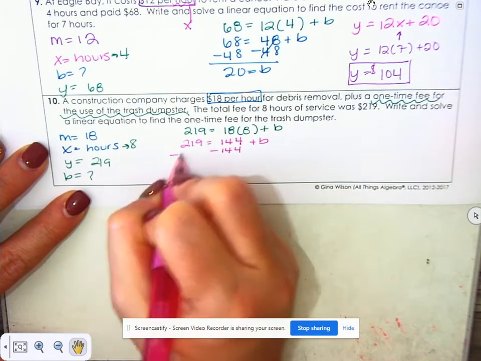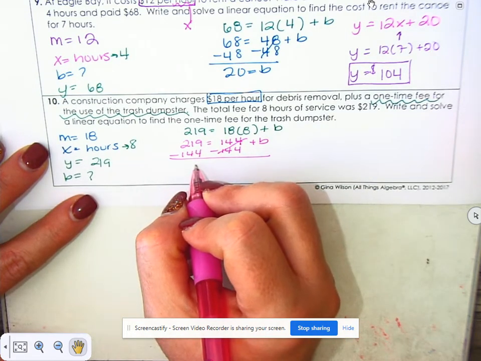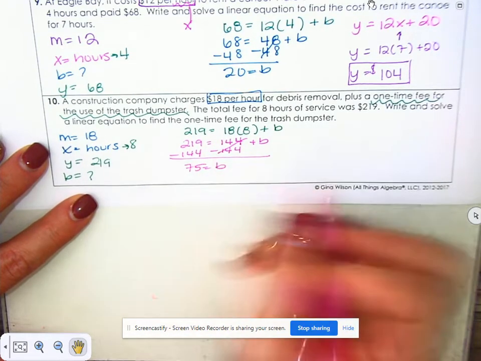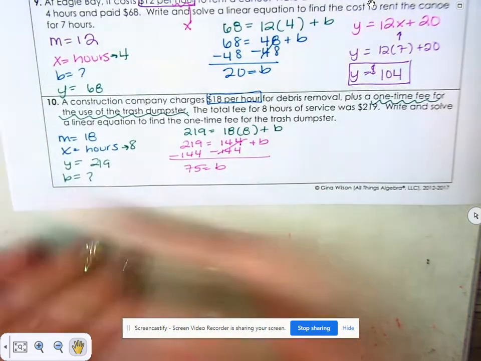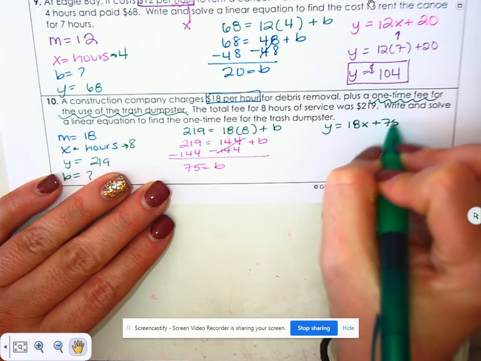And solve. All right, so your one-time fee is the $75. So that takes me to Y equals 18X plus 75.